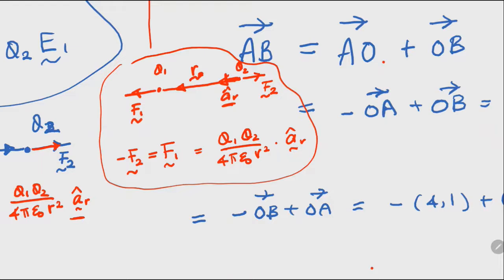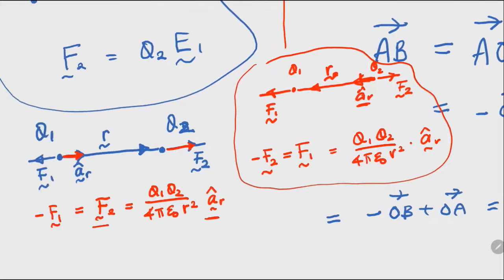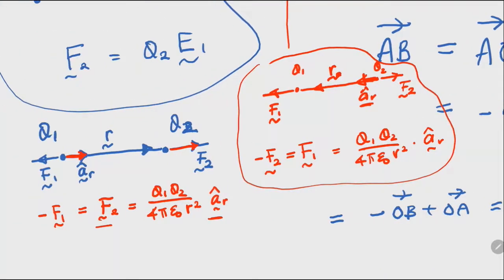Okay, because my AR here is the negative of my AR here. So if I change my AR, let's say I call this AX, my AX is equal to minus AR, because they are in the opposite direction. If I put that in, then the equation will get back to this equation.